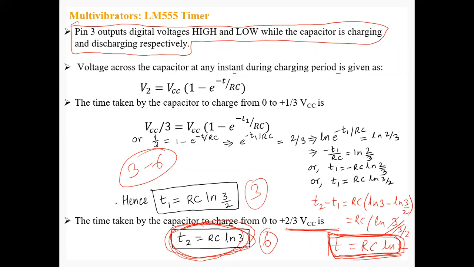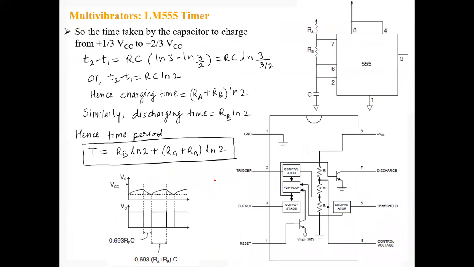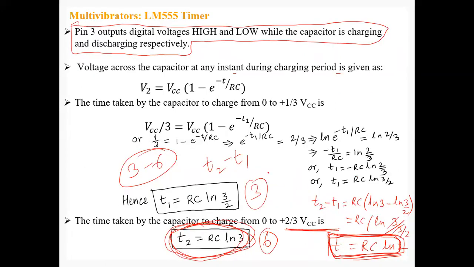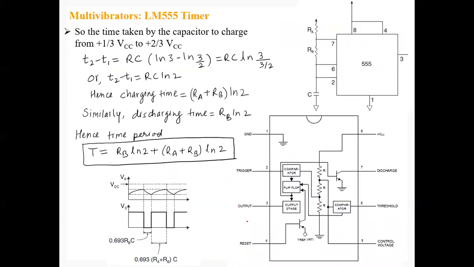So T2 minus T1 is the charging time. How about discharging time? Okay, let me finish the charging time first.